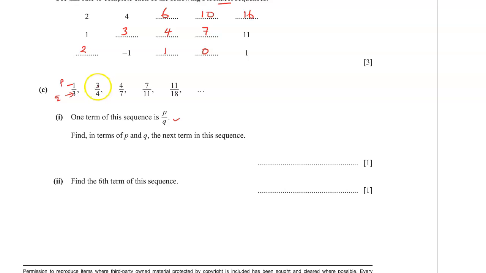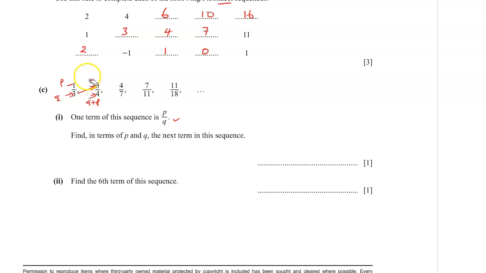So this one becomes Q, this becomes P plus Q, and this plus this gives you 4. So this is Q plus P.